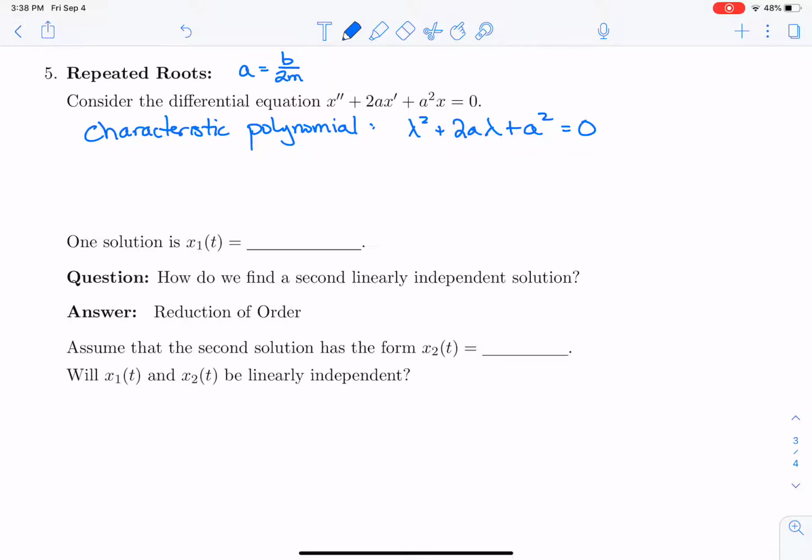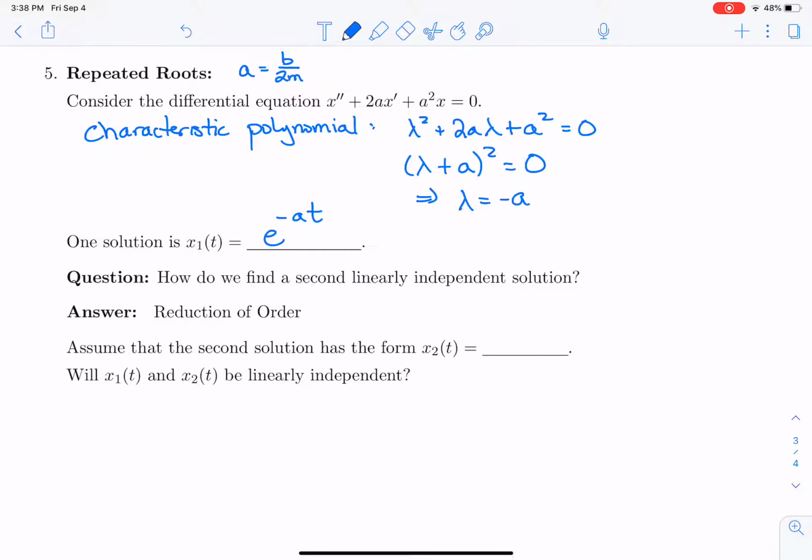I can factor that polynomial so that lambda plus a, squared, is equal to 0. And that's going to tell me that lambda is going to equal minus a. So that gives me one solution to this problem. It's e to the minus at.